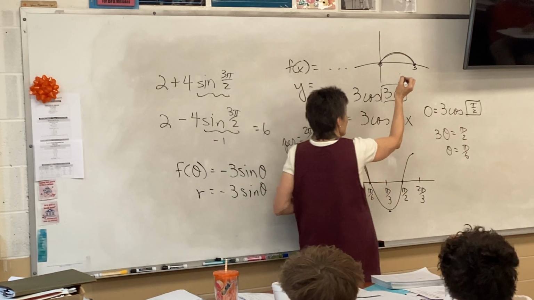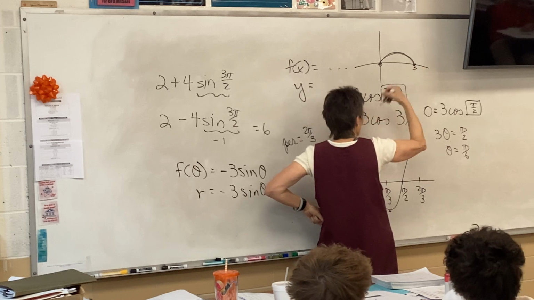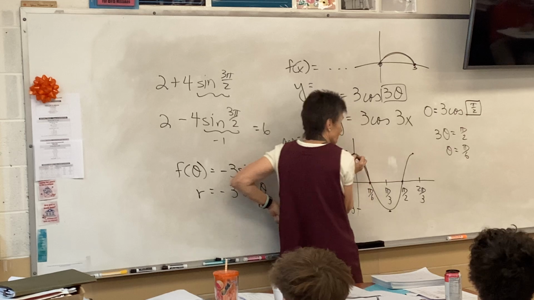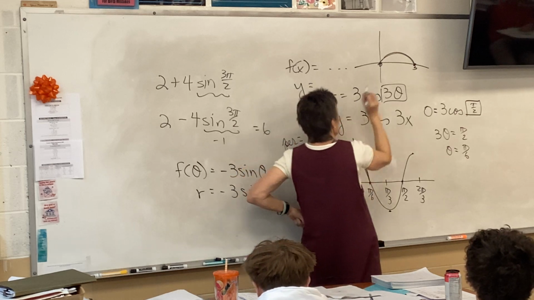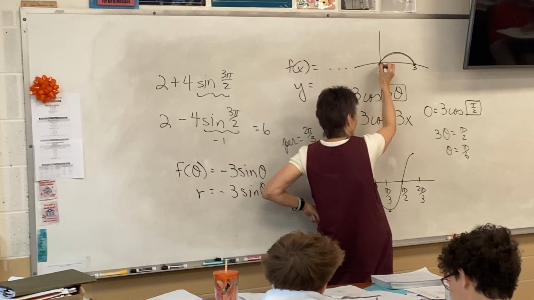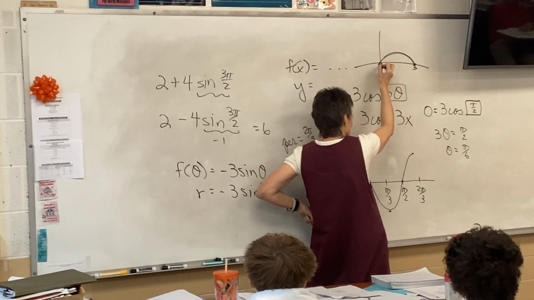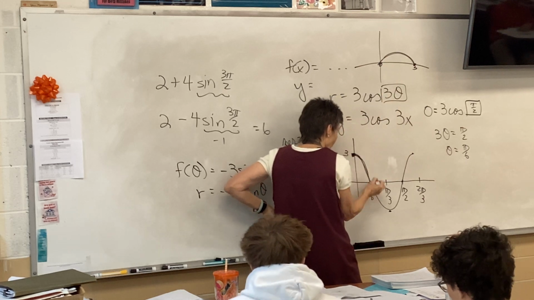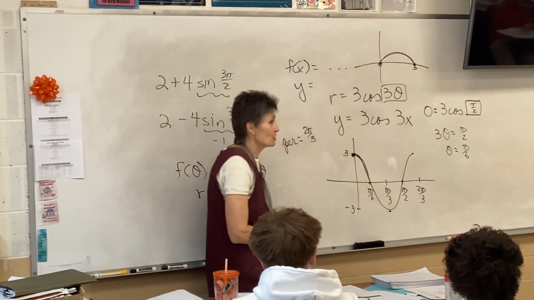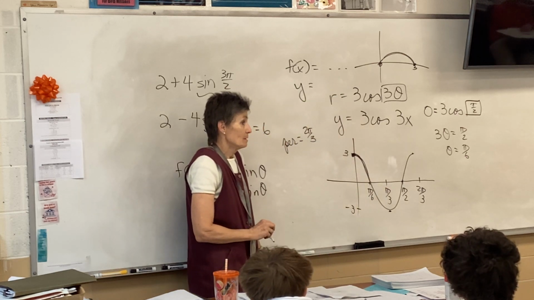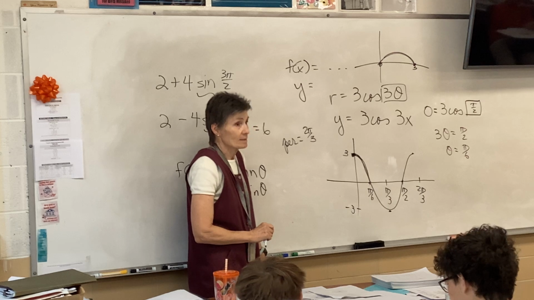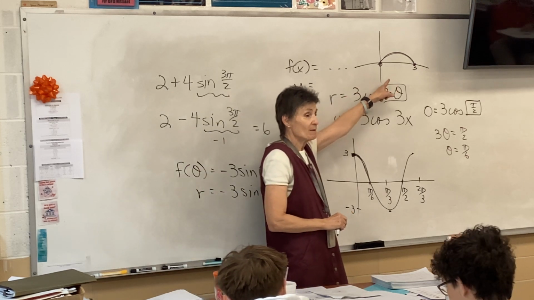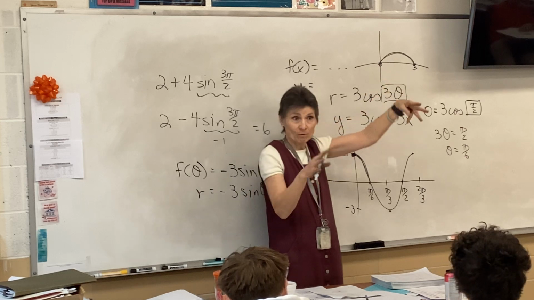So if you put in 0 for theta, you get 3. If you put in pi over 6 for theta, you get 0. That's this part of the graph right here. So what is your parameter? 0 to pi over 6. Now, that's in quadrant 1. So you might have been thinking, okay, 0 to pi over 2.